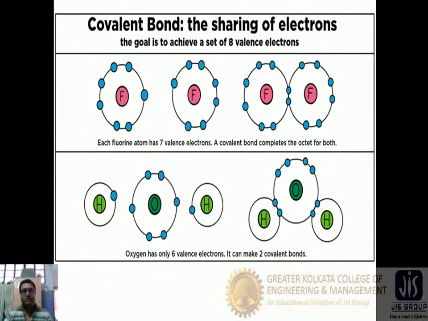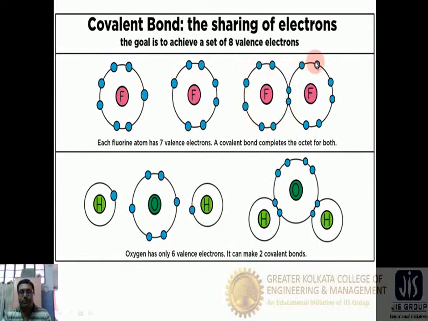A covalent bond is nothing but the sharing of electrons. Here you can see two examples. The first example consists of the fluorine atom, which has 7 electrons in its outer shell. Two fluorine atoms combine and share 1 electron with each other and make an octet in the outermost orbit.